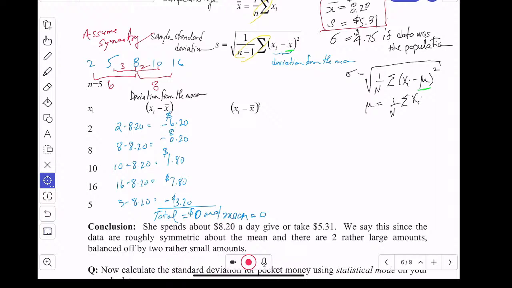we have to adjust something here because we can't leave everything squared. When we square values, we also square their units. Notice, up until this point, all we have are dollars. These are dollars all the way down. And so deviations from the mean are dollars. What happens when I square them?